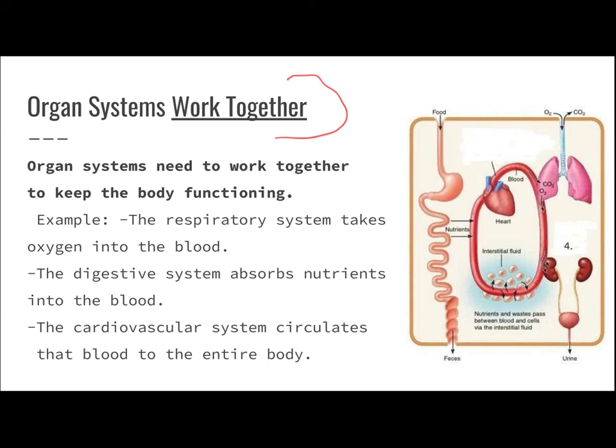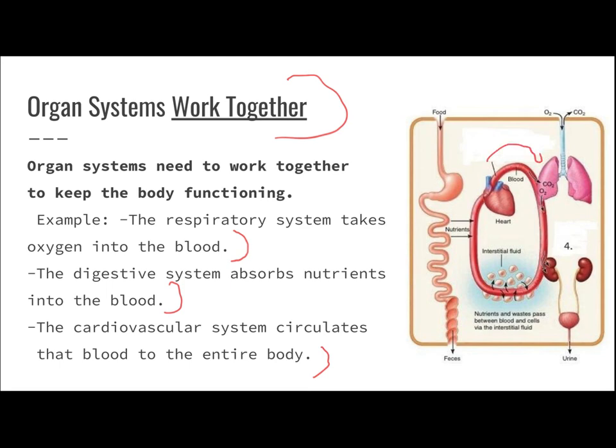So just looking at the examples that we looked at, the respiratory system takes the oxygen into the blood, the digestive system absorbs those nutrients into the blood, and then the cardiovascular system is responsible for circulating that blood all around the body.